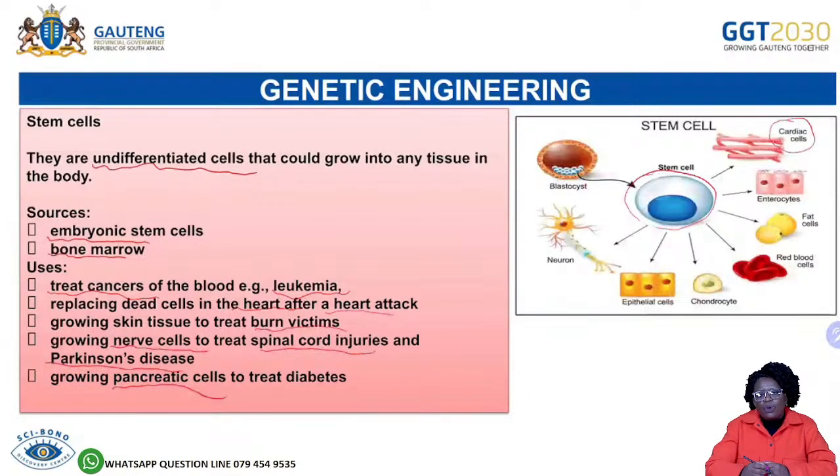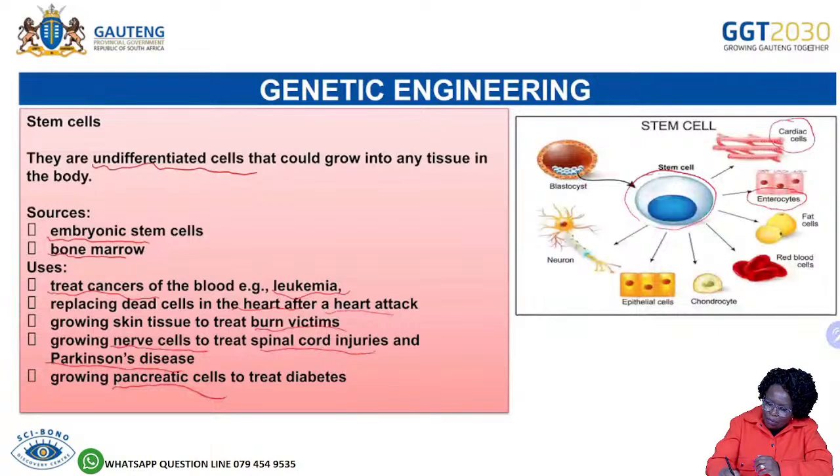We earlier on spoke about the replacing of the damaged cells after a heart attack, and cardiac cells are the cells that are found on the heart. We also speak about the enterocytes. Enterocytes, these are the absorption cells that are found in the small intestines. So stem cells can be manipulated to become enterocytes in the small intestines.